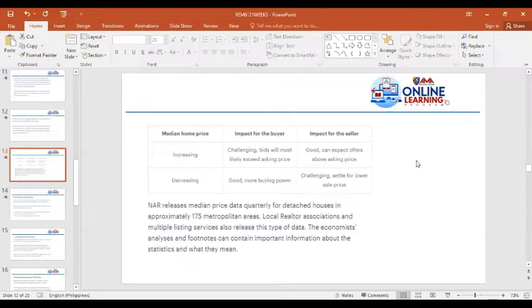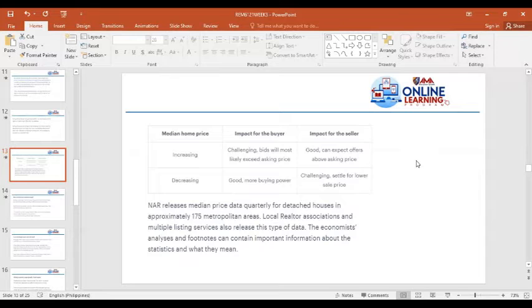For the seller, the impact is good, can expect offers above asking price. Once the home price decreases, the impact for the buyer is good, more buying power, while the impact for the seller is that it's challenging. So, settle for a lower sale price.